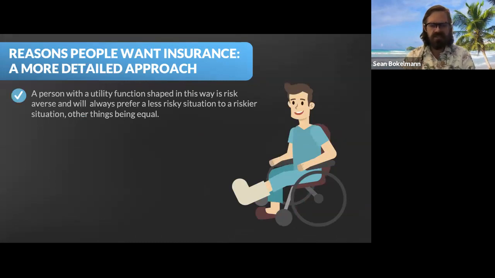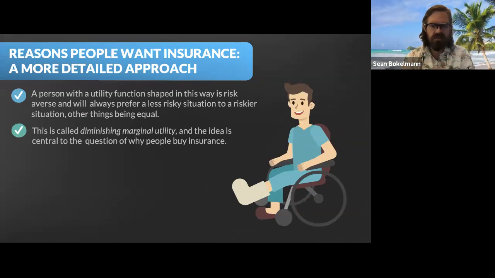So somebody that has a utility function like this is inherently risk averse and will always prefer a less risky situation to a riskier situation, everything else being equal. Right, and this again is diminishing marginal utility. So this idea is basically central to the question of why people buy insurance, right? If this is what people's utility functions look like, then yes, they will buy insurance because they're risk averse.